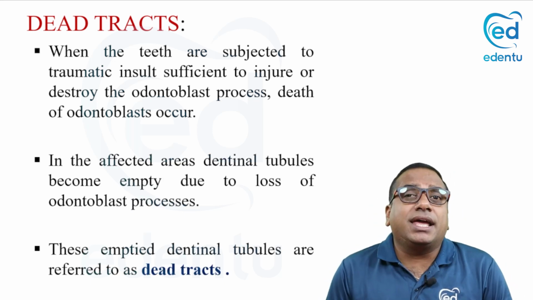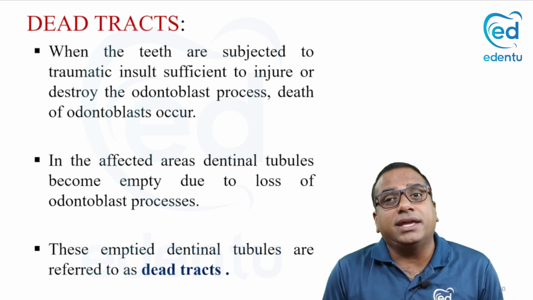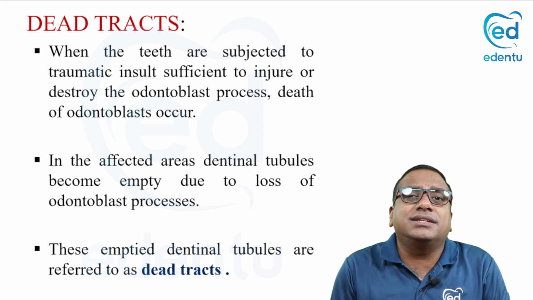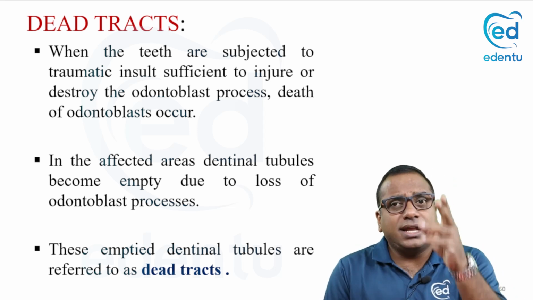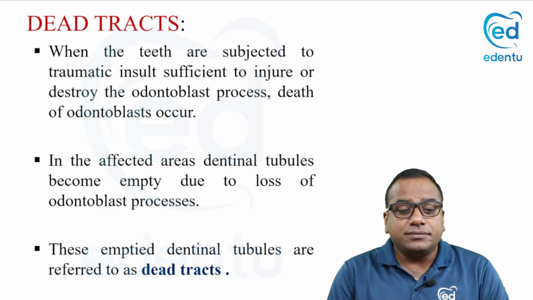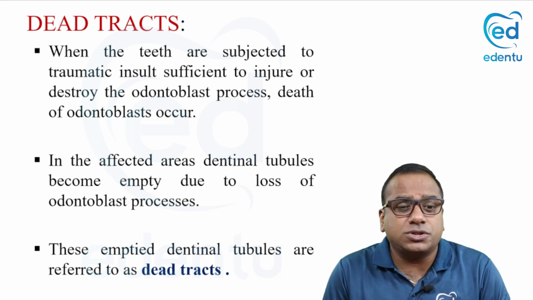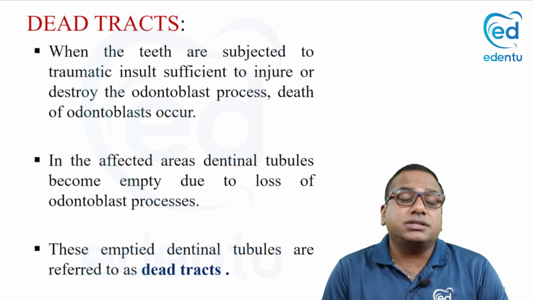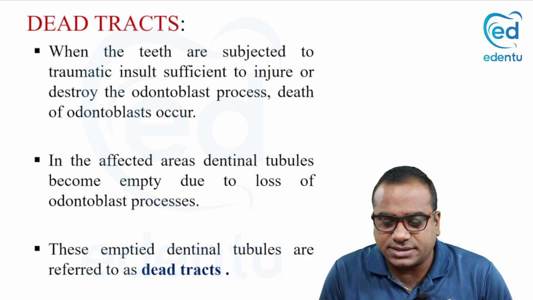So in the affected area, the dentinal tubules become empty because the odontoblastic process has gone. Only the shell, the skeleton, the dentinal tubule, is there. Inside, the odontoblastic process has died, so it becomes like a hollow space. These empty dentinal tubules are referred to as dead tracts.